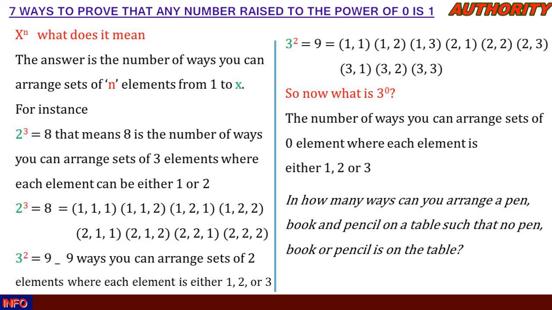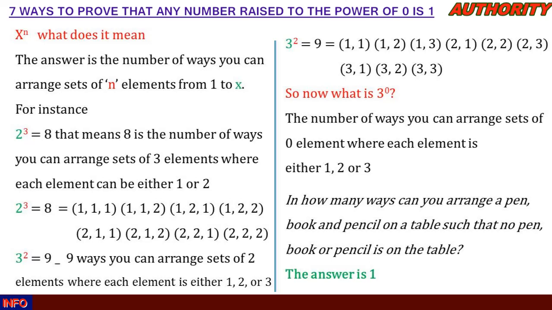How possible is it? It's just like you are being asked how you can arrange a pen, a book, and a pencil on a table such that there is no book, no pen, and no pencil on the table. So the answer logically is 1.